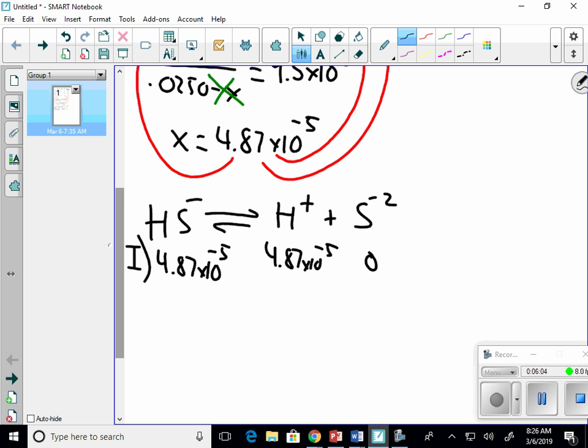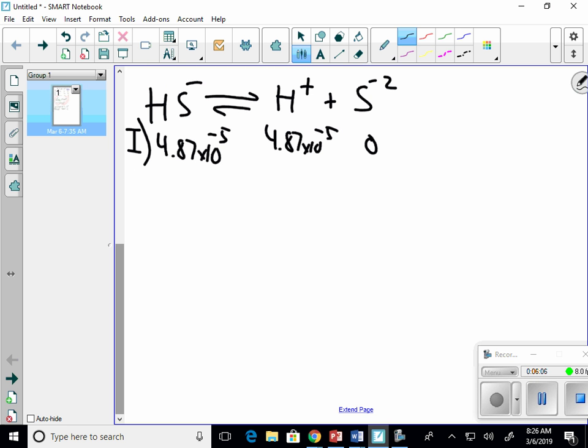And the sulfide ion is 0. This will lose a certain amount we call X. This gains a certain amount. This gains a certain amount. Hopefully you're okay with me using X, even though that X value will not be the same as the part 1 X. If you don't like that, you could choose a different variable.